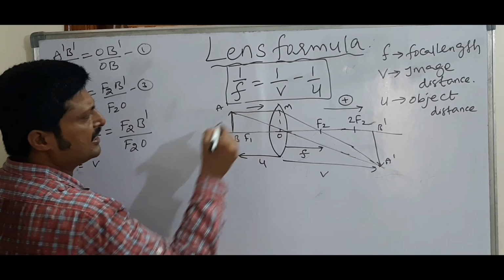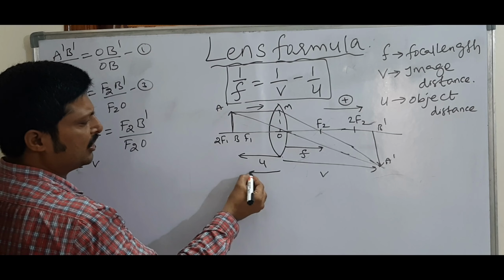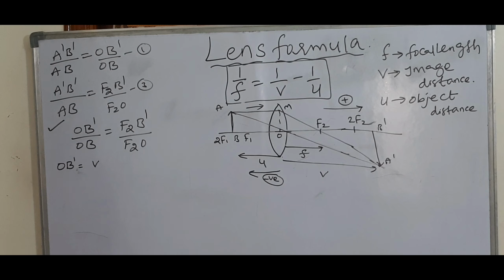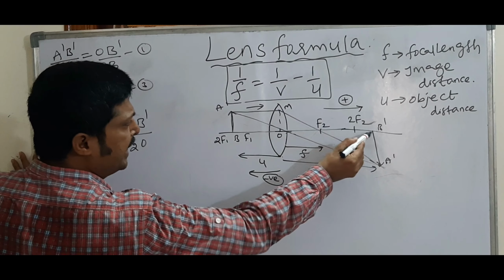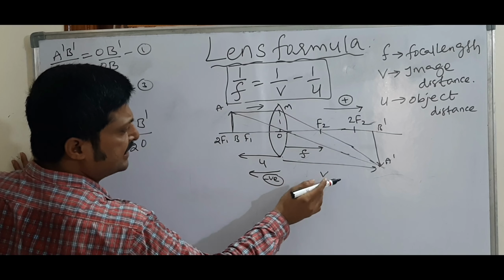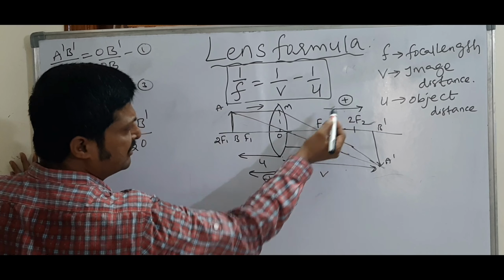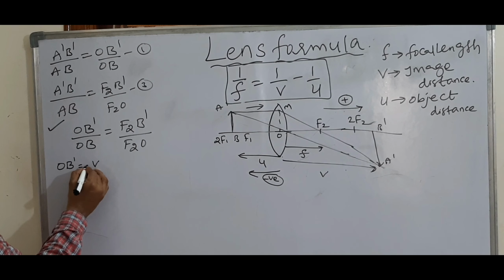In opposite to the incident rays, those directions are taken as negative. So OB dash is in the direction of incident rays. Here V is in the direction of incident rays, so OB dash is plus V.